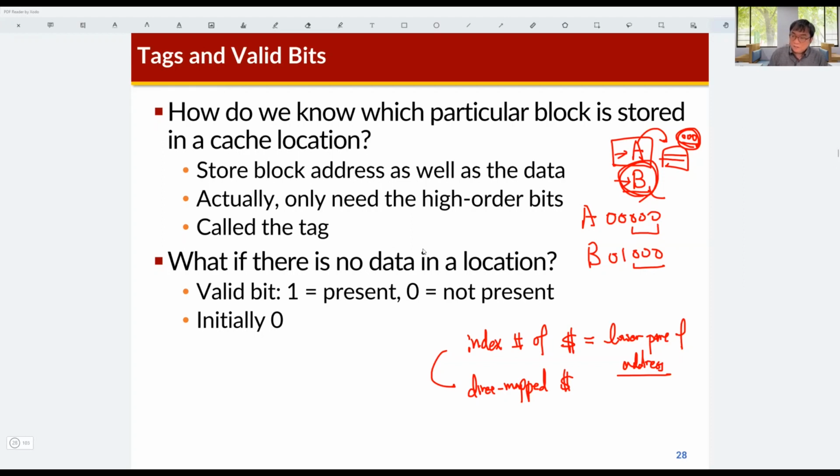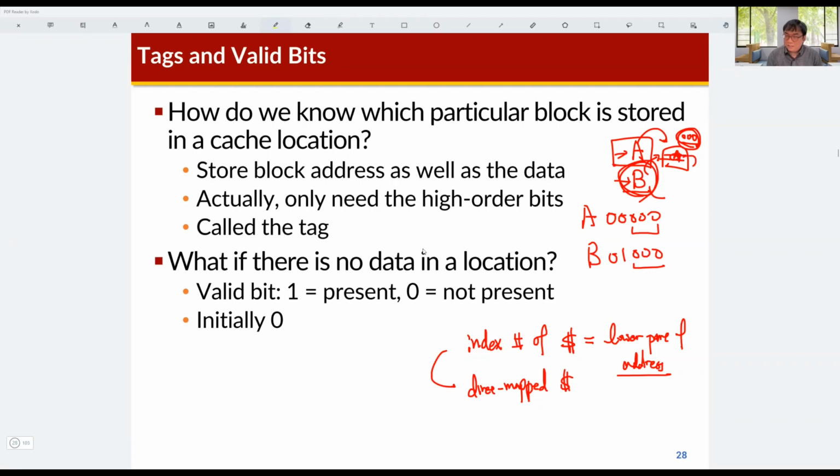The problem is that index number 000 of this cache is already occupied by data A. And we already know that data B should be allocated to the same index of the cache. So how can you handle this?